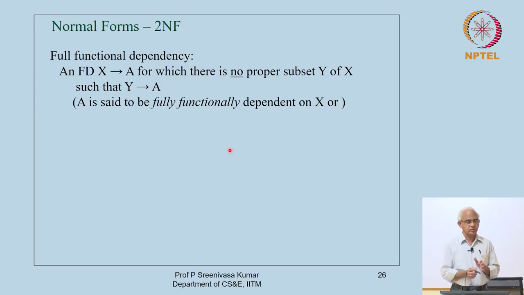So, we will progressively look at more and more restrictive normal forms. As we look at normal forms, we will see what kind of problems each of them avoids, and then see what problems persist and how we handle them.